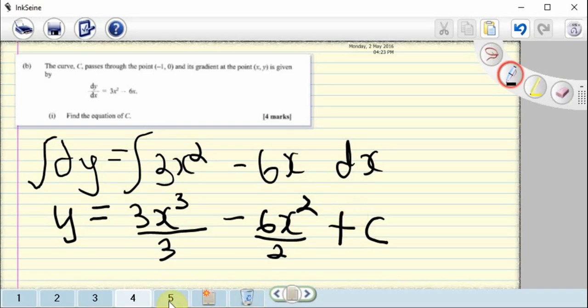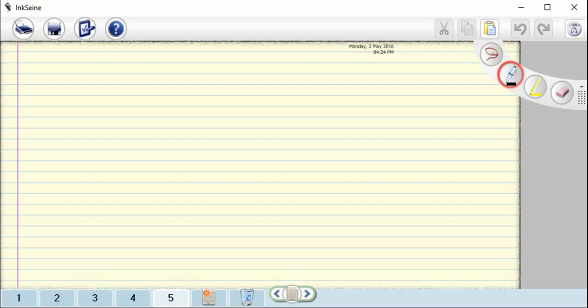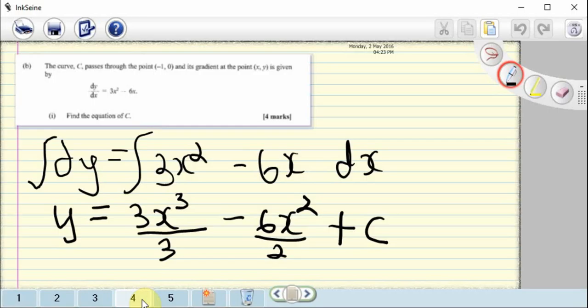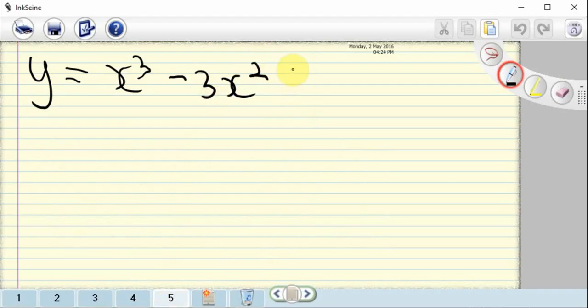When we simplify that, we end up with y is equal to x cubed minus 3x squared plus c.